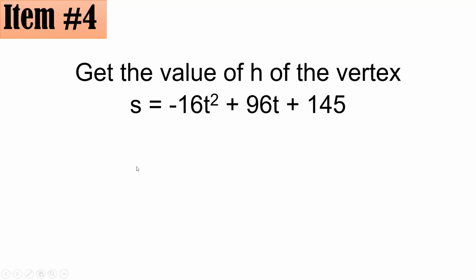Pero kapag positive naman po yung kasama ng yung ating leading coefficient, meaning naka-open po yan upward. At kapag naka-open naman po siya upward, meaning the vertex is the lowest or the minimum point. Okay? Now, since ito po ay may negative leading coefficient, so sure po tayo na naka-open po siya downward at meron siyang maximum point.